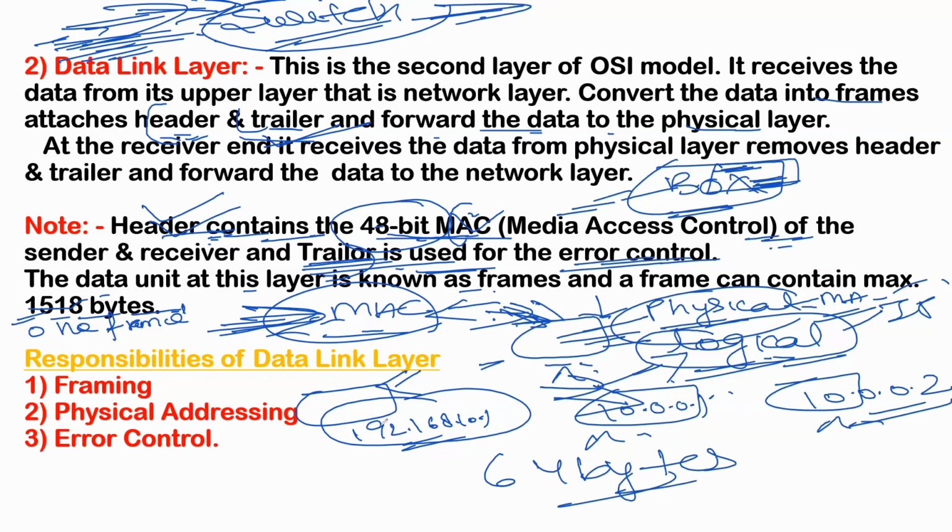The responsibilities of the data link layer are, first, framing; second, physical addressing, meaning the header is attached to the frames; and third, error control, meaning the trailer is attached to the frames. These are the responsibilities of the data link layer.